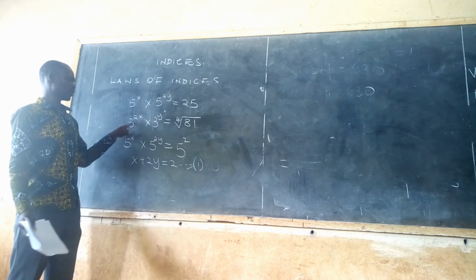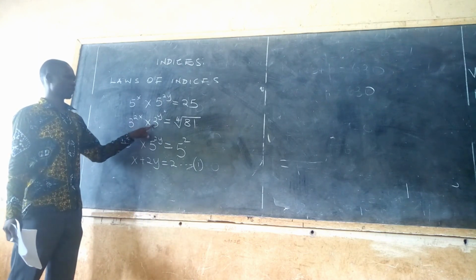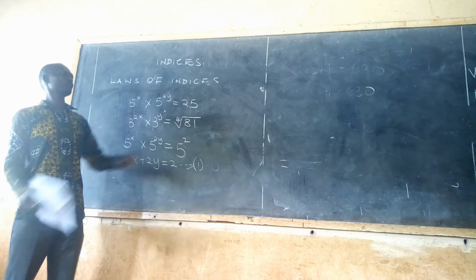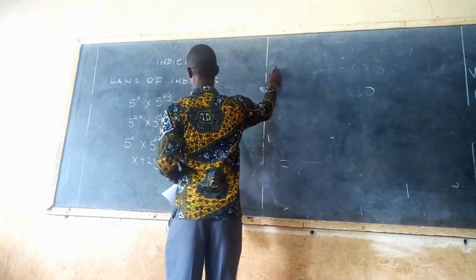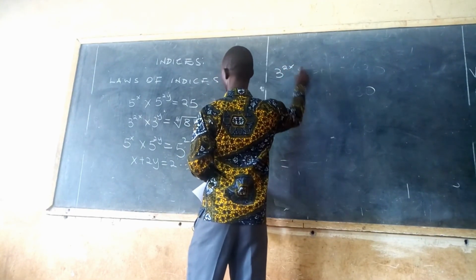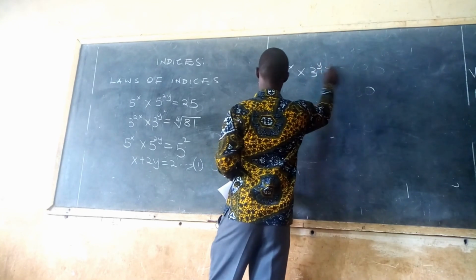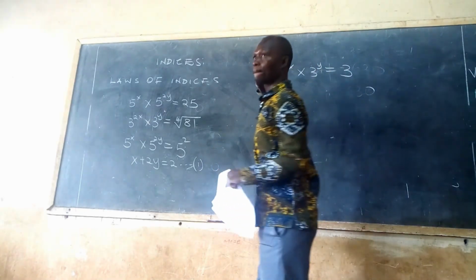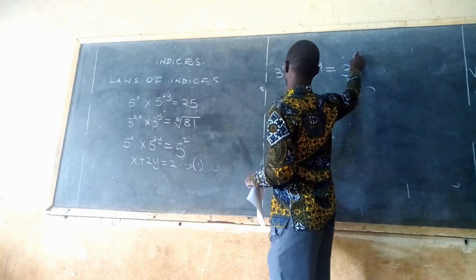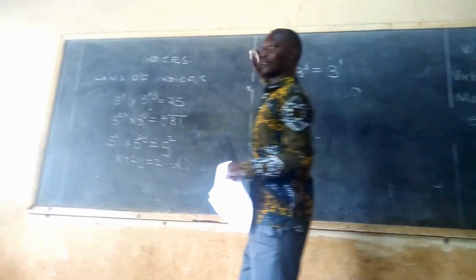Now we have 3 to the power 2x times 3 to the power y equals the fourth root of 81. What does that give us? 3 to the power 2x times 3 to the power y equals 3, because the fourth root of 81 is 3, and you can write it as 3 to the power 1.